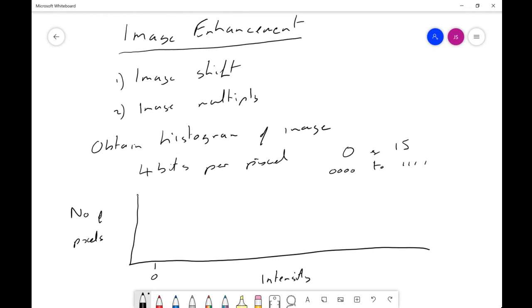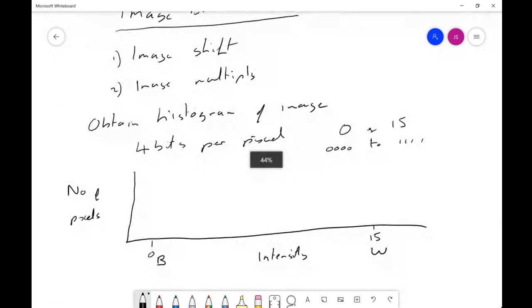And the intensity is the value of the pixel, the brightness value of the pixel, which will go from, in a 4-bit resolution image, 0 to 15, and 15 is usually regarded as W for absolute white, 0 is B for absolute black. And you will find on an image, we will get a range of pixel values.